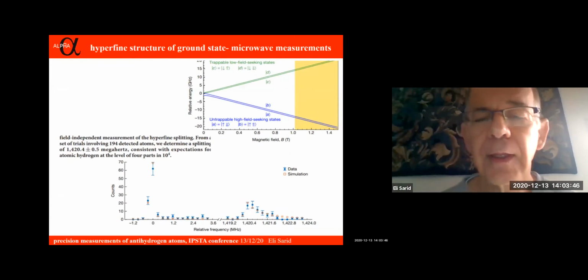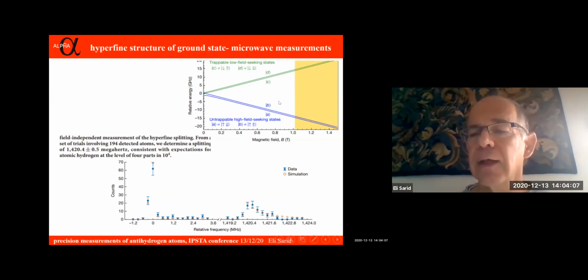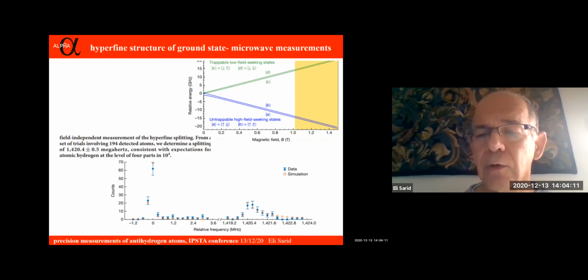So the first technique that we managed to apply in order to measure the transitions in antimatter atoms, in antihydrogen, was of microwave causing transitions between trappable levels and untrappable levels. And I show you spectra, but this is not like obtaining spectra in a spectrometer for light.